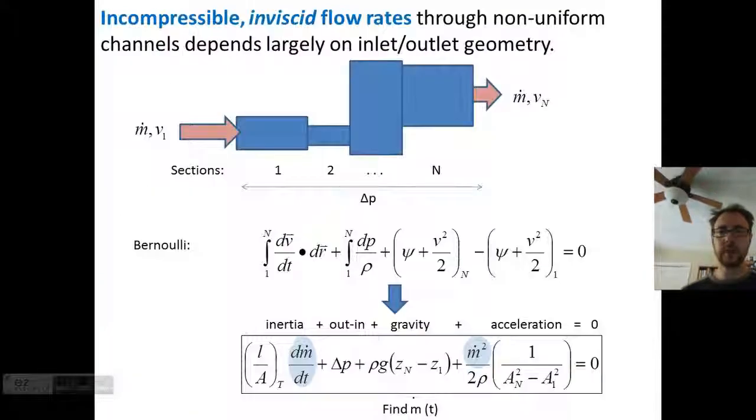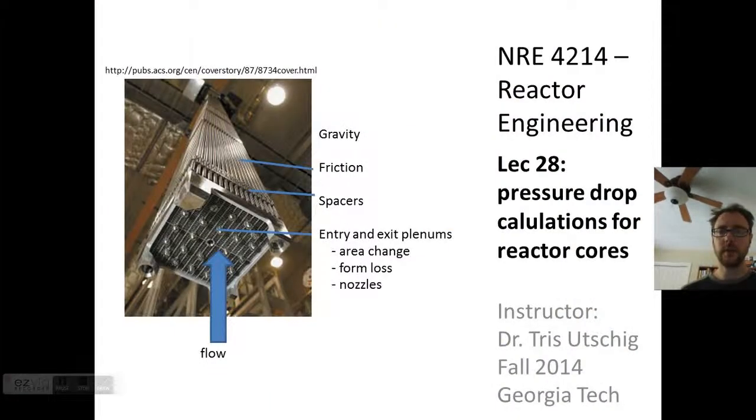Okay, so what we've done in this video is we have found how to calculate pressure drops due to gravity, pressure drops due to friction along a fuel bundle, pressure drops due to spacers, pressure drops due to area changes at the entrance, pressure drops due to form losses at the entrance and exit to the reactor fuel assembly.